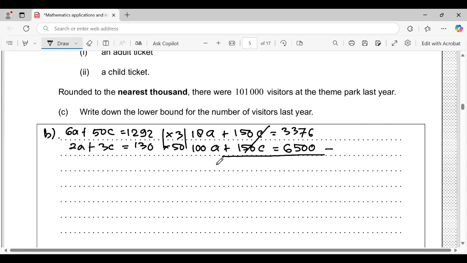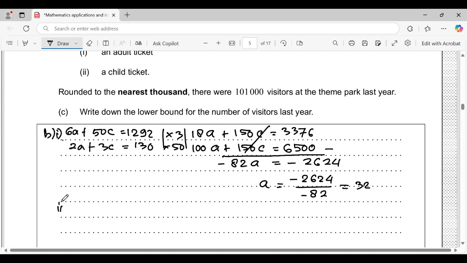Subtracting becomes minus 82A equals minus 2,624. So A equals minus 2,624 over minus 82, and the result is 32. This is A, and this is part 1.